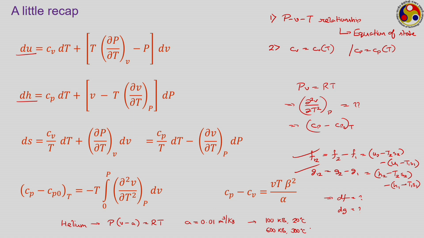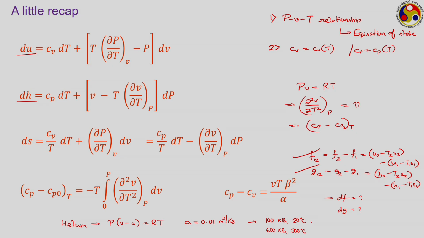So, state 1 corresponds to 100 kilopascal, 20 degree Celsius, that is your P1 is 100 kilopascal, T1 is 20 degree Celsius or 293 Kelvin. Similarly, T2 is 300 degree Celsius or 573 Kelvin, and P2 is 600 kilopascal. So, you have PVT known, and the value of this constant A is also given.